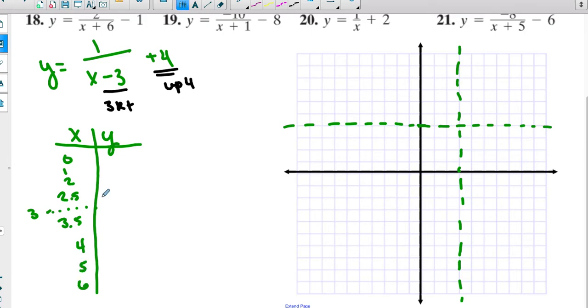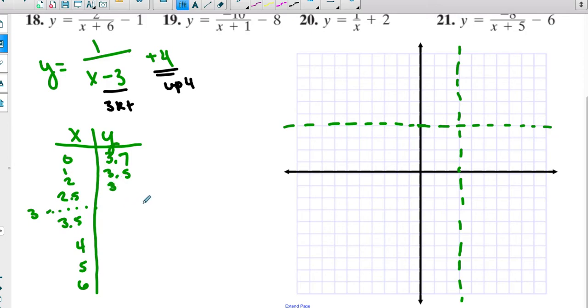All right, so now plugging this in. So you have negative 1/3 plus 4, and that is going to give you 3.7. Negative 1/2 plus 4 is going to give you 3.5. Negative 1 plus 4 is going to give us 3.